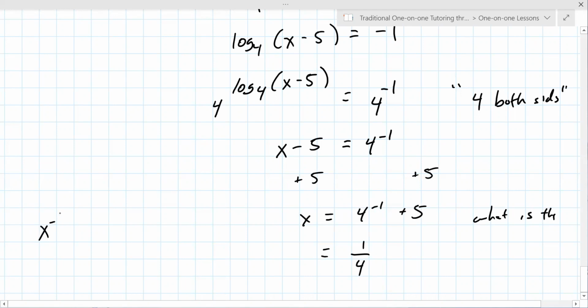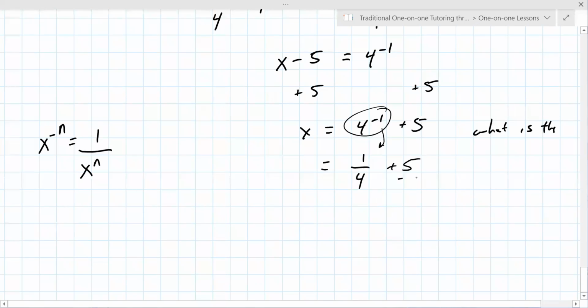If you have x to the minus n, it becomes 1 over x to the n. It does not become a negative number. It goes to the bottom. So this becomes this plus 5. 5 can be written as a fraction, 5 over 1. So this is 1/4 plus 20 over 4, which is 21 over 4.